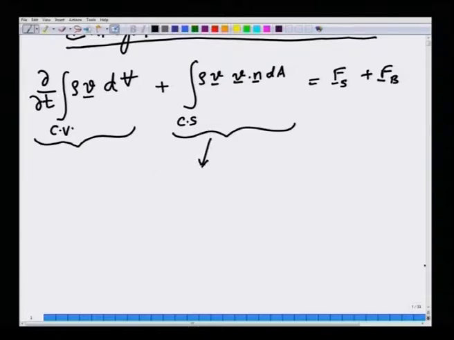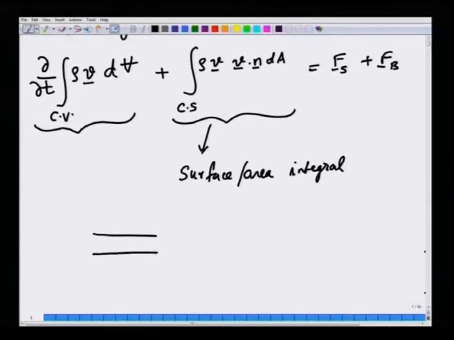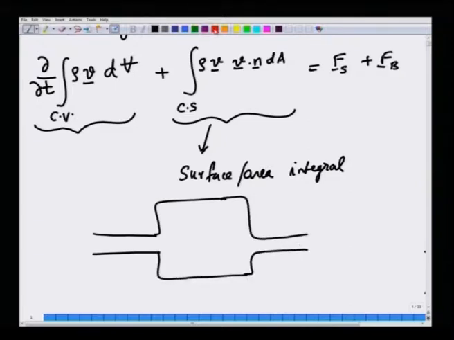Now, there is one thing that you should remember, that whenever we have to evaluate this momentum flux term, it is a surface or area integral. For example, you could imagine that fluid is entering a simple control volume. Let us show the control volume using this red line. Let us imagine that fluid comes through here and exits through here.